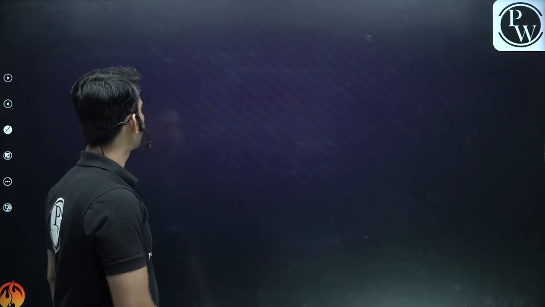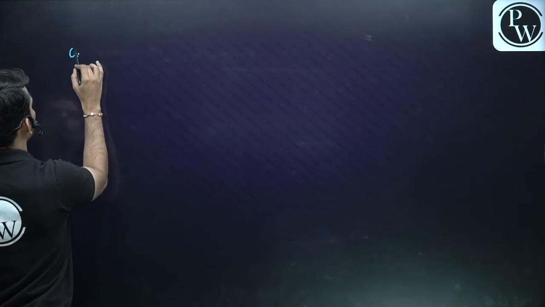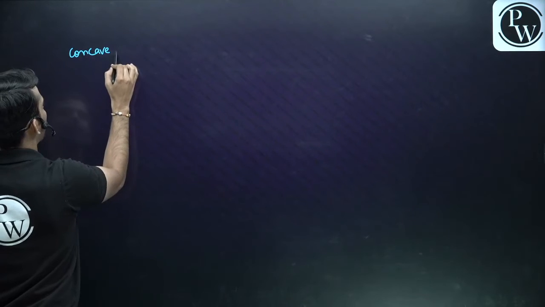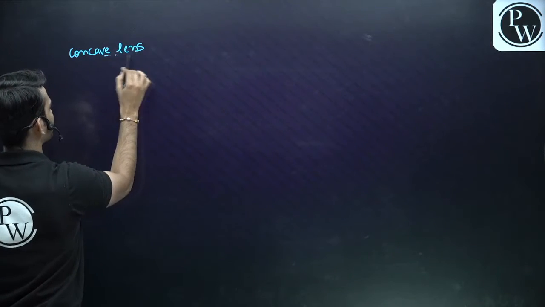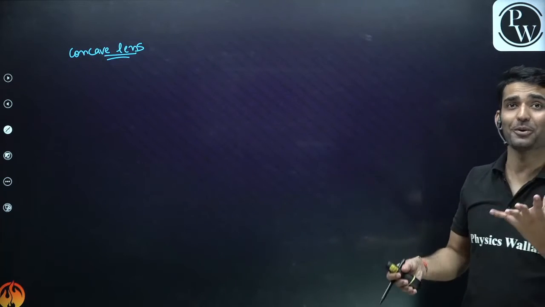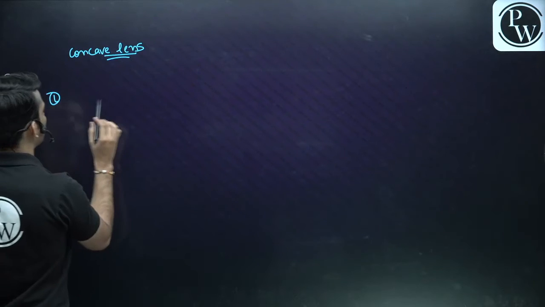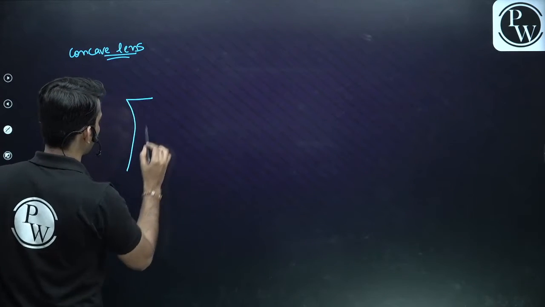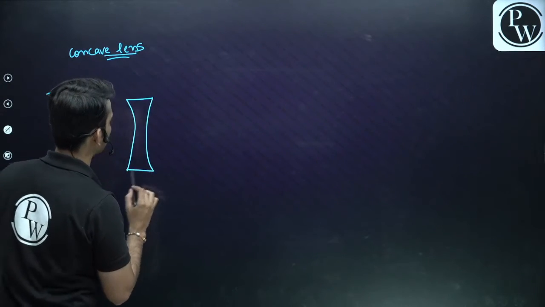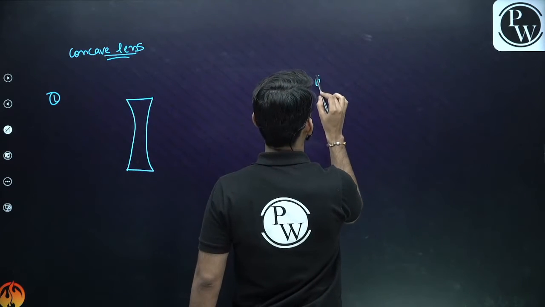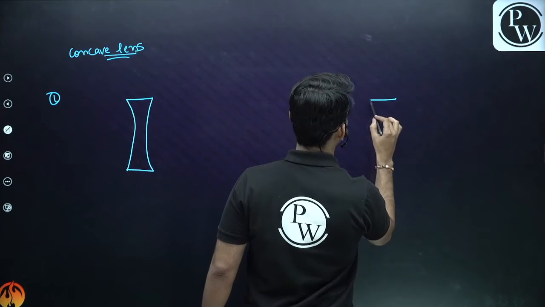Okay, so these were the cases of the convex lens. Now what about concave lens? So guys, concave lens has only two cases, right? It has a limited number of image formations. So for concave lens, first let us draw a concave lens like this. This is first and this is second.